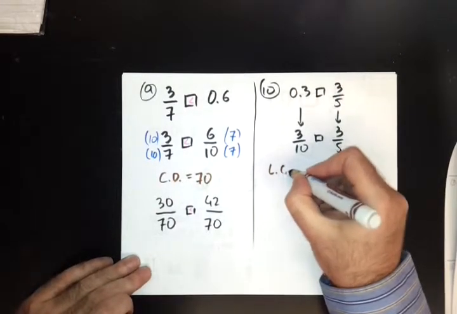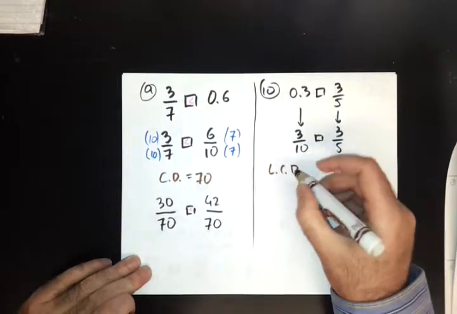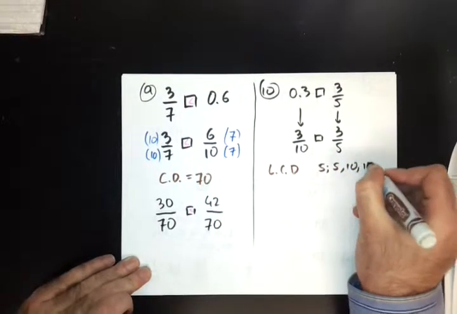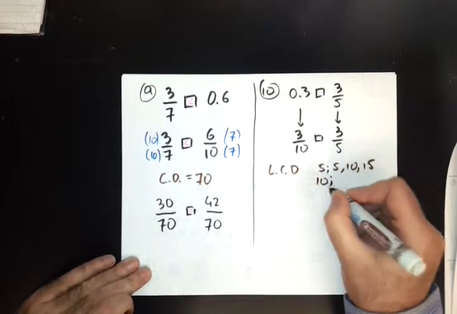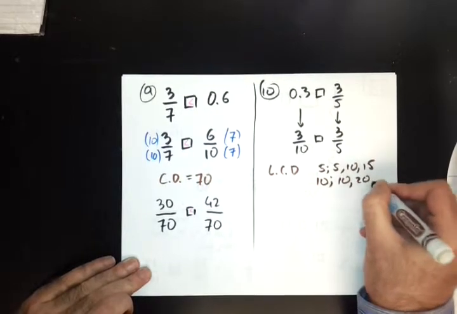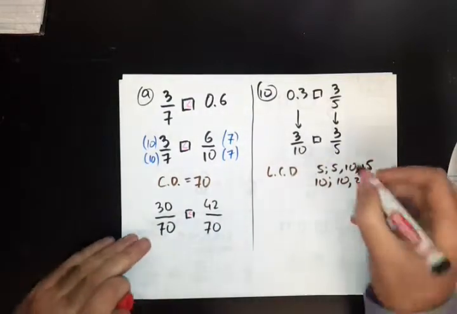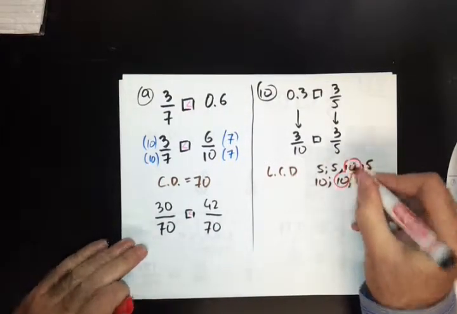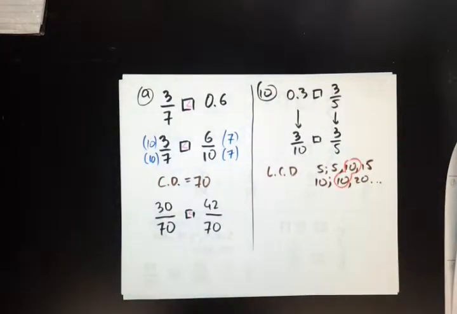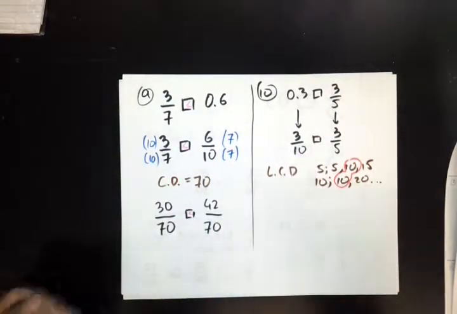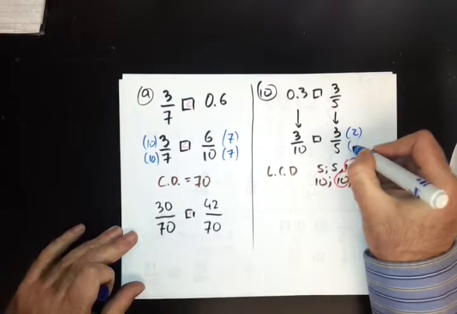The multiples for 5 are 5, 10, 15. For 10, it's 10, 20, and so on. You found one. It's 10. And something very neat: since the LCD is 10, this one already is in that form. So I only have to modify this guy by multiplying it by 2.